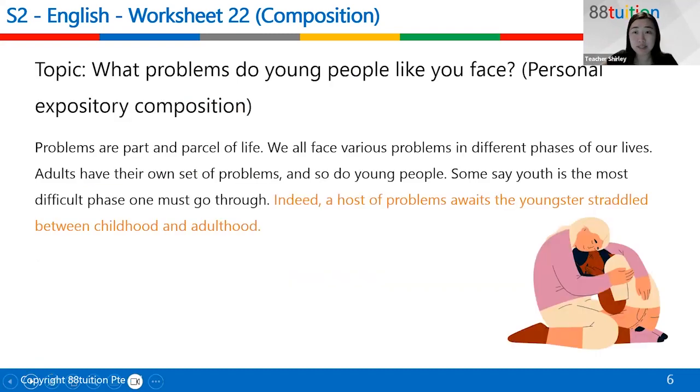So let's take a look at some examples. Example number 1. The topic is, what problems do young people like you face? Problems are part and parcel of life. We all face various problems in different phases of our lives. Adults have their own set of problems, and so do young people.